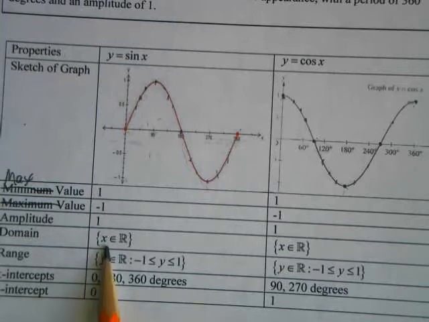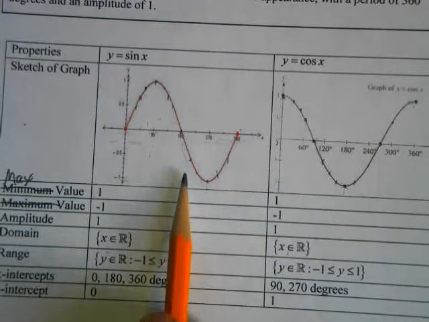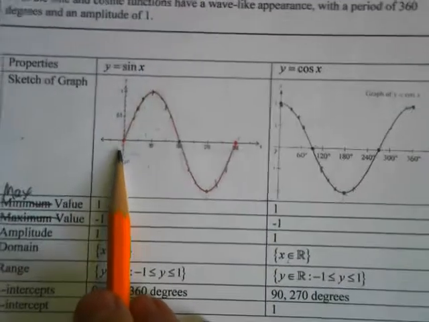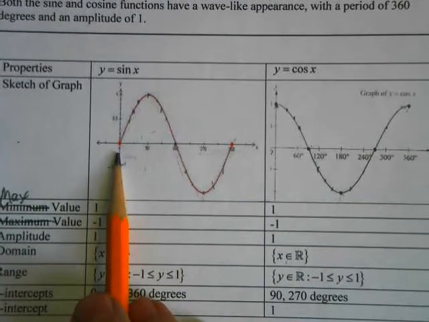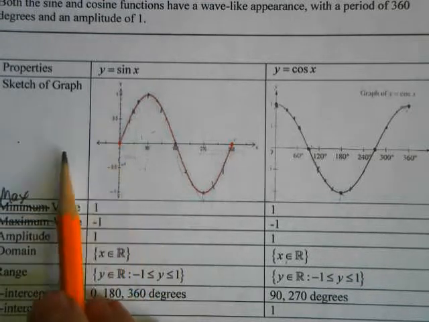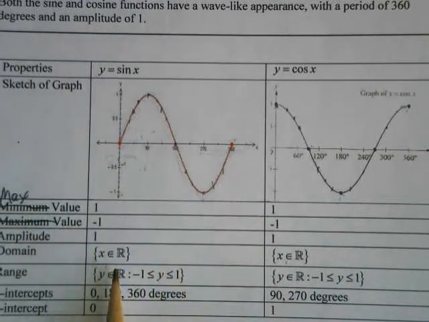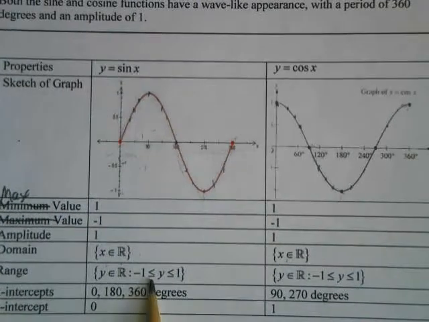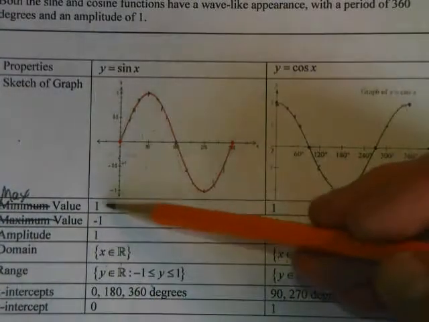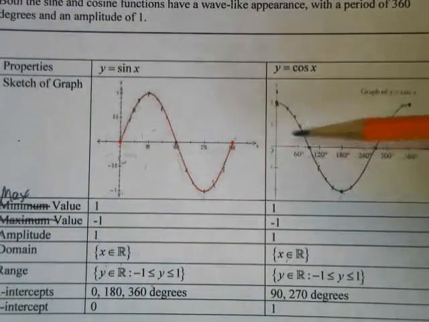And in terms of domain, okay, like I said before, these two functions can continue infinitely in either direction. You could have extremely big negative angles, extremely big positive angles. So in terms of domain, x can be any real number. Now the range is more restrictive, like we talked about the min and the max of 1 and negative 1.